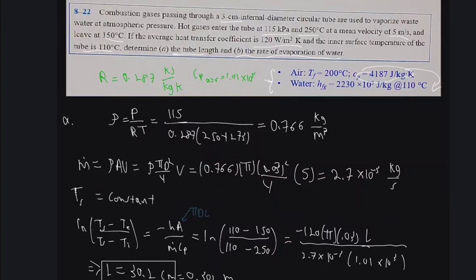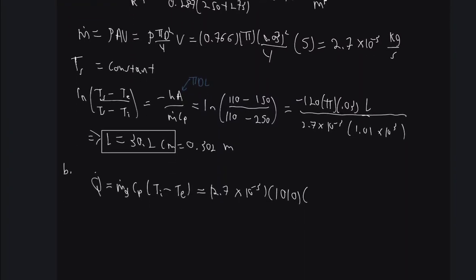So we have inlet temperature 250 and leave at 150. So 250 minus 150. This gives us Q dot is equal to 272.7 watts.